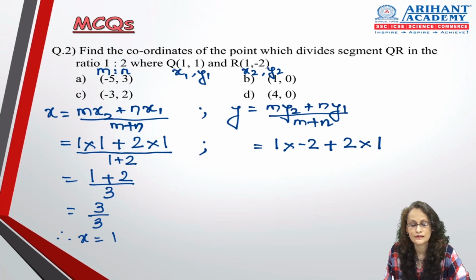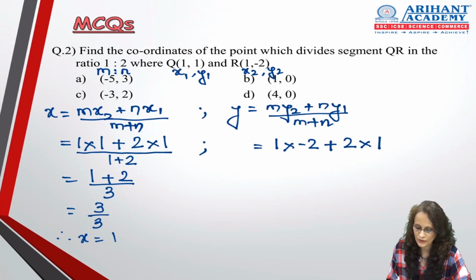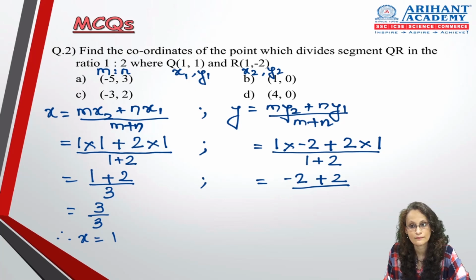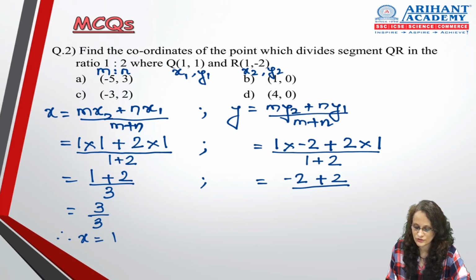Very simple. Just substitute the values from what we have decided as m, n, x1, y1, x2, y2. Upon m plus n, meaning again this will be 1 plus 2. So, is equal to, now 1 into -2 is -2 plus 2 into 1 is 2 upon, denominator 1 plus 2. 1 plus 2 is your 3.